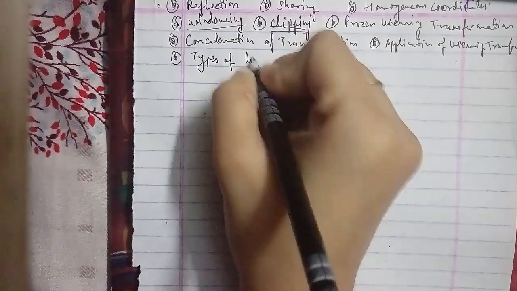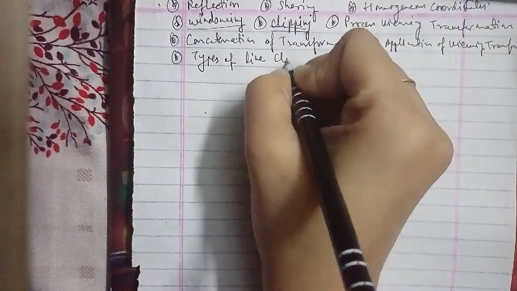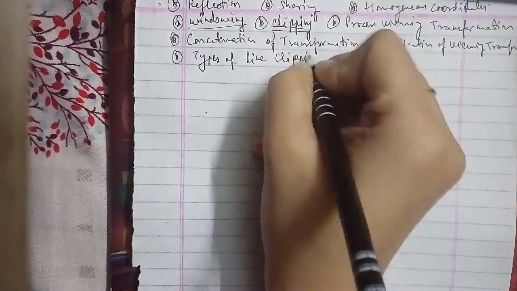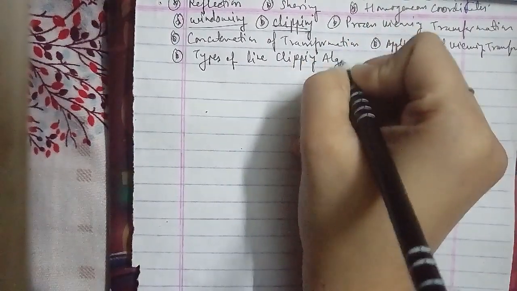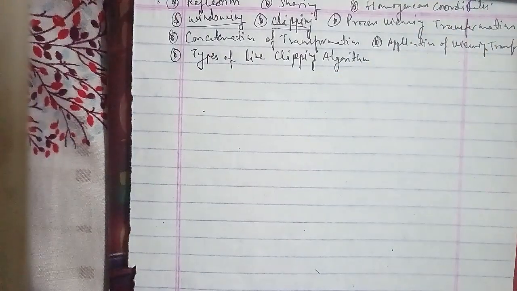Types of polygon clipping algorithm. Here we have three types. The first is the Sutherland and Hodgman polygon clipping.